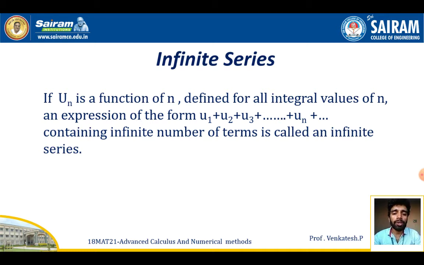Already I told you that a series is a combination. So here I'm taking an infinite number combination. This type of combination is called an infinite series. For example, 1 plus 2 plus 3 plus 4 plus 5 and so on till infinity is one best example for an infinite series.